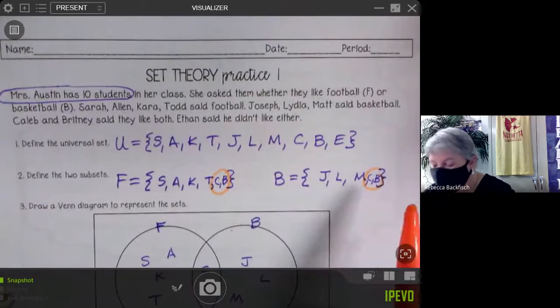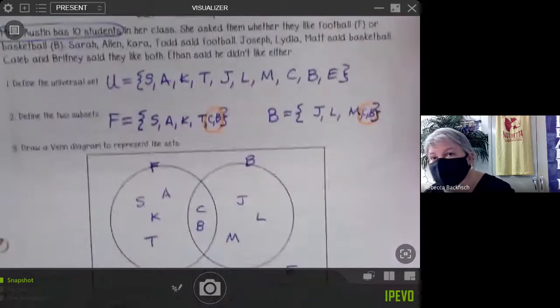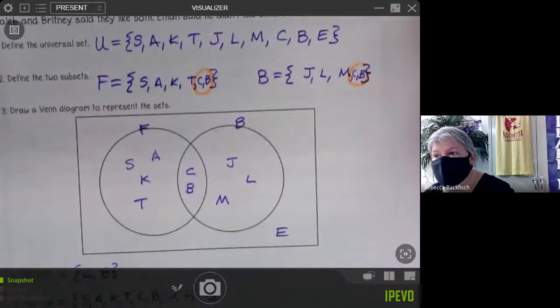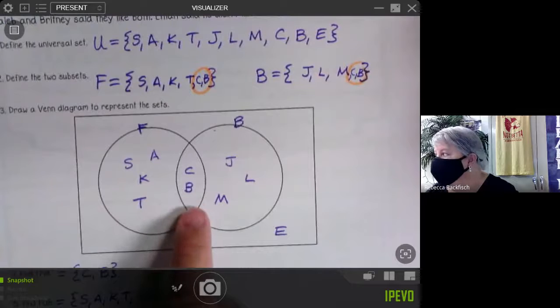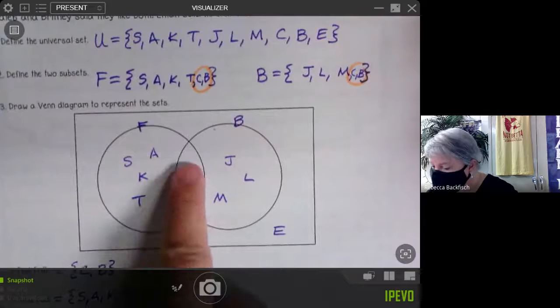They belong in both. So then for my Venn diagram, it's usually a great idea when you're making a Venn diagram to start with figuring out what goes in the middle, what goes in the intersection. And we know that Caleb and Brittany are in both, so I put them in both.